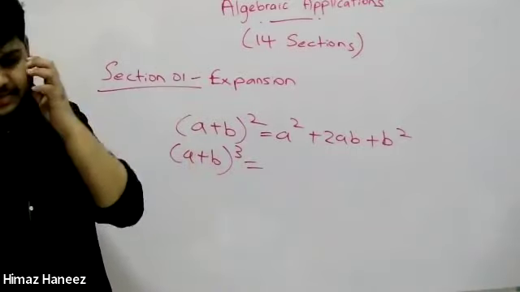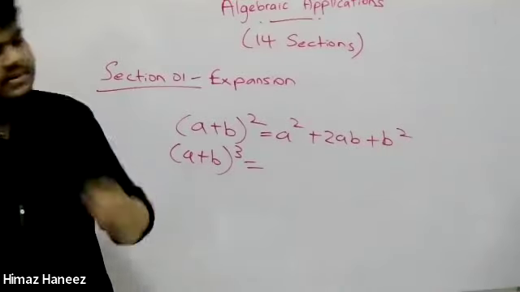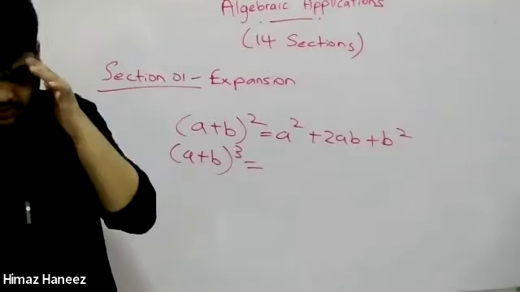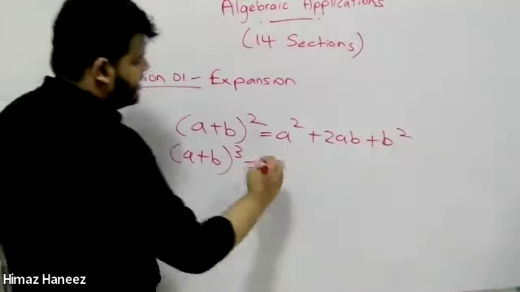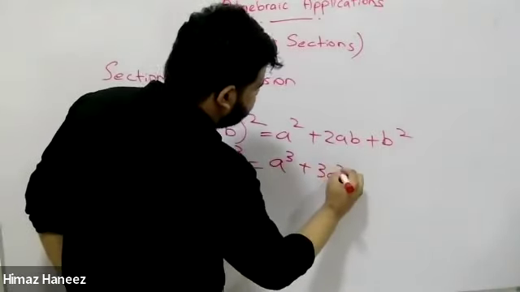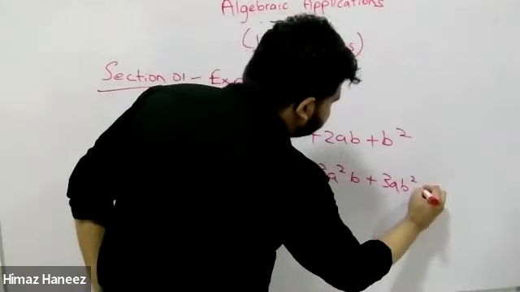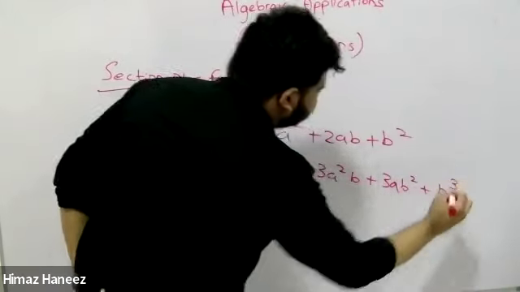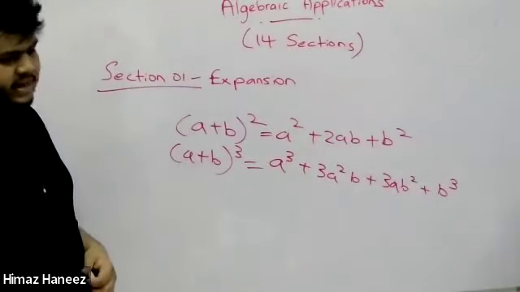Then for the power 3, you learned this in O levels: a cubed plus 3a squared b plus 3ab squared plus b cubed. So this is what you learned in O levels.